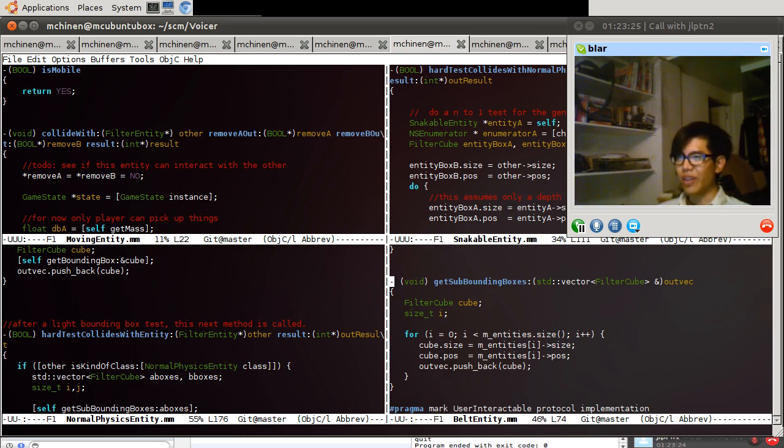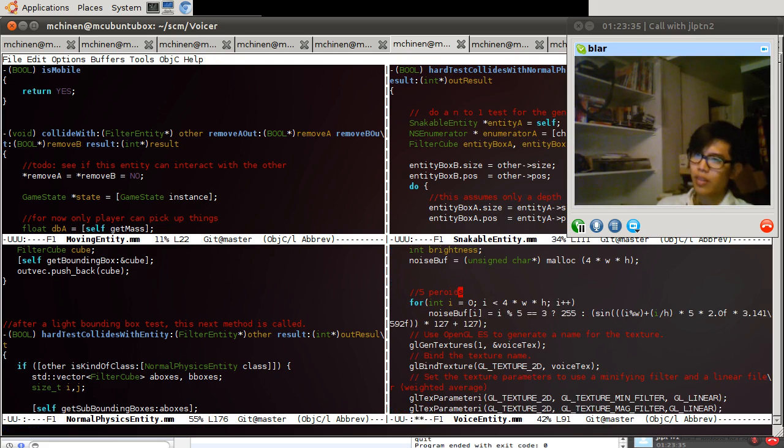Yeah, so hard test collides with entity happens in voice object. Let's look in voice object. I feel like I'm running in circles now.